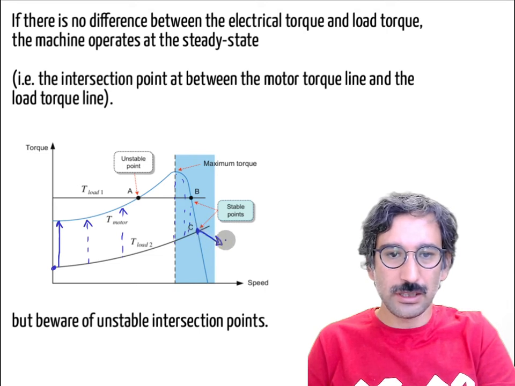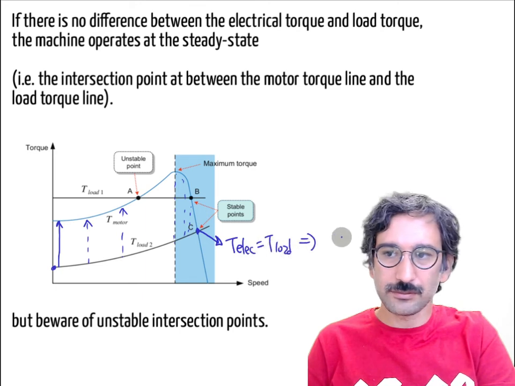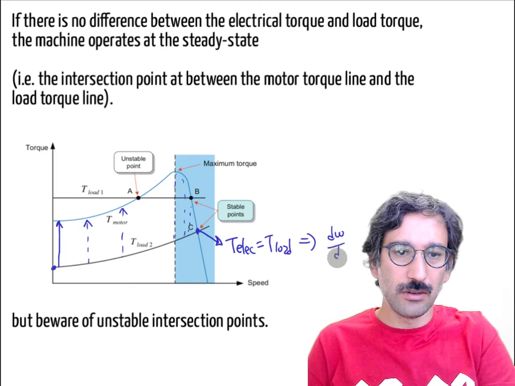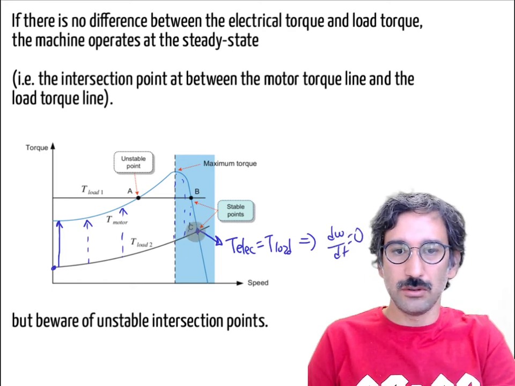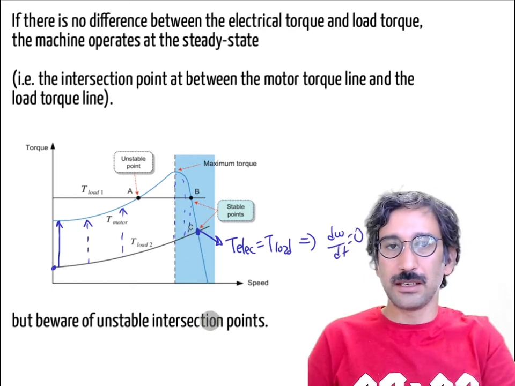At that point, T electrical is equal to T load, so dω/dt will be 0, and you will be operating here.